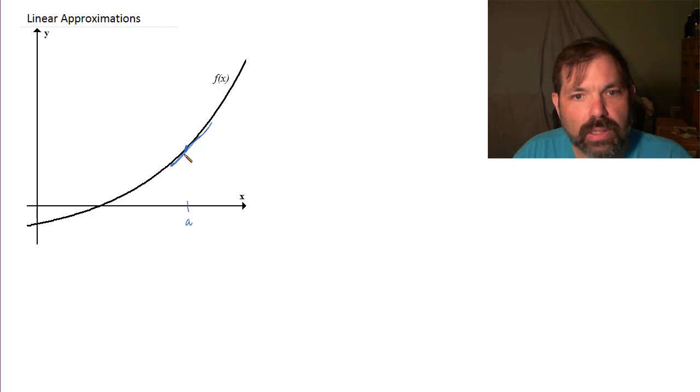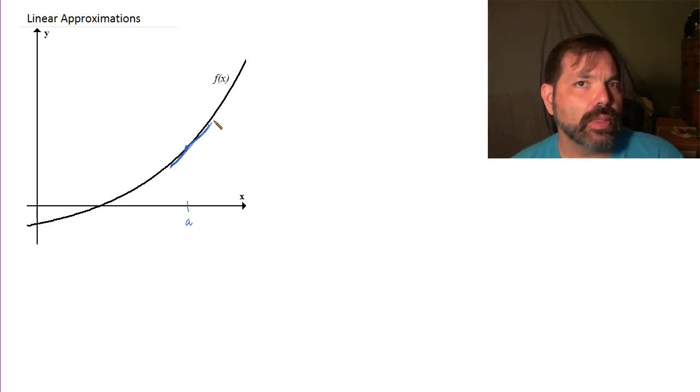Why don't I think of the tangent line to the curve at that point? As long as I stay near that point A, the tangent line to the curve at A should be a reasonable approximation of the curve.